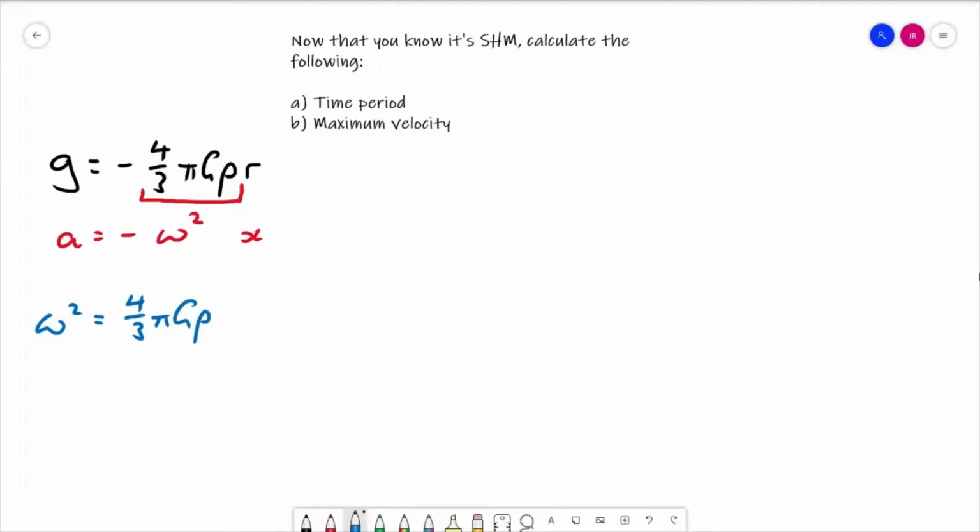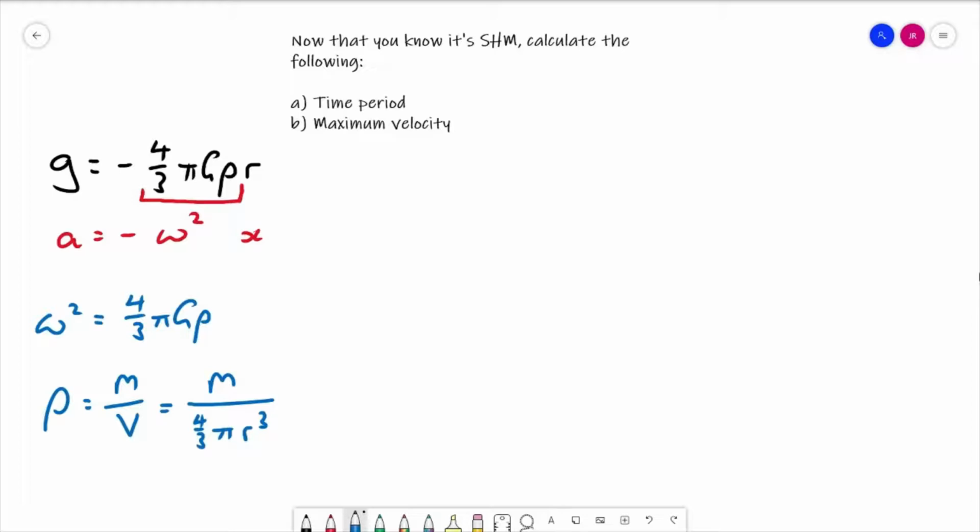Now, the next stage, I'm going to substitute back in for the density. So, remembering, of course, that density is mass over volume. So that will be mass over, bearing in mind that we're dealing with a sphere, 4/3 pi r cubed for the volume of a sphere.